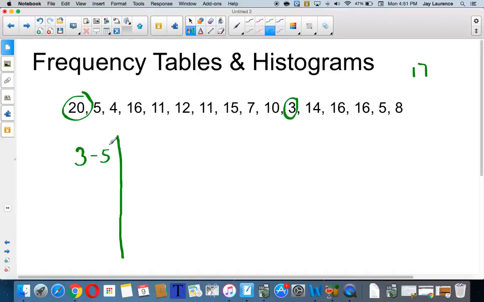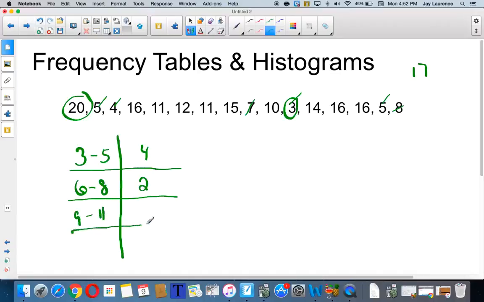Okay, and how many numbers are there from 3 to 5? Let me tally them up. So 1, 2, 3, 4. It looks like there's going to be 4. The next range would go from 6 to 8. And so there's going to be 1, 2. Right? And then we're going to go from 9 to 11. And let's see, there's going to be 1, 2, 3.